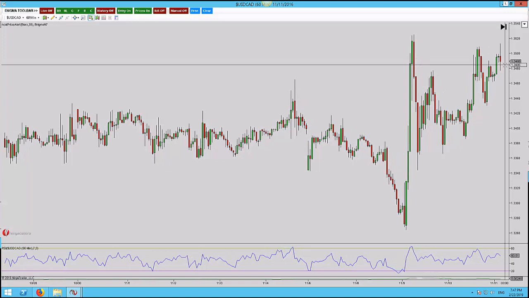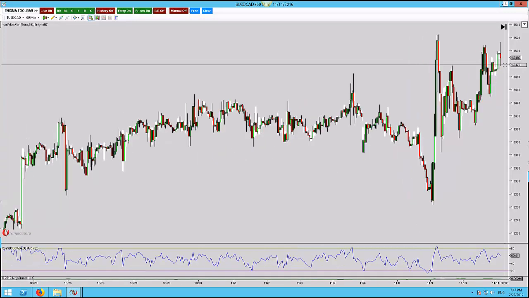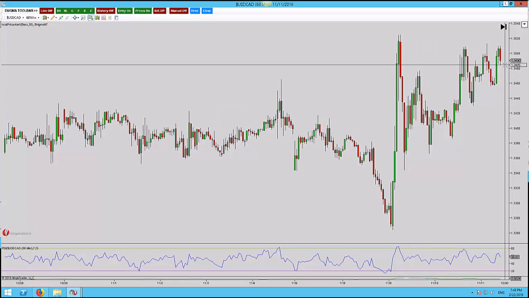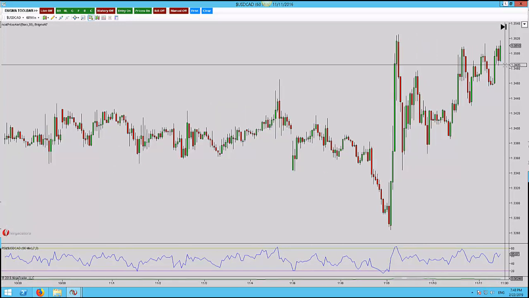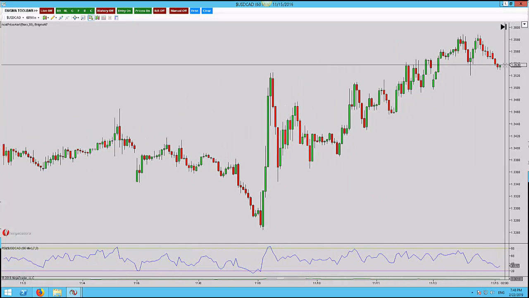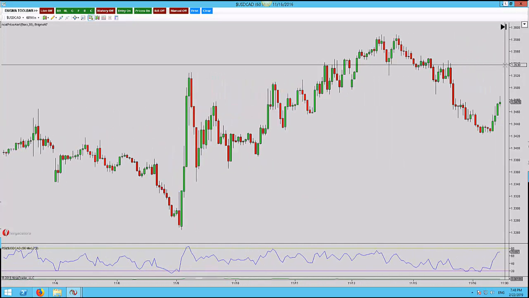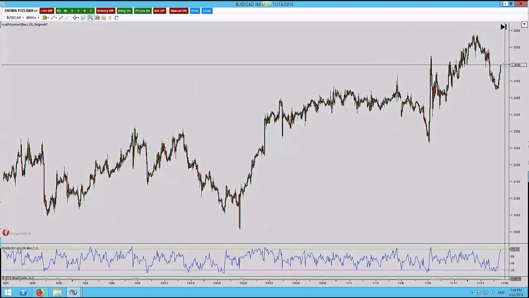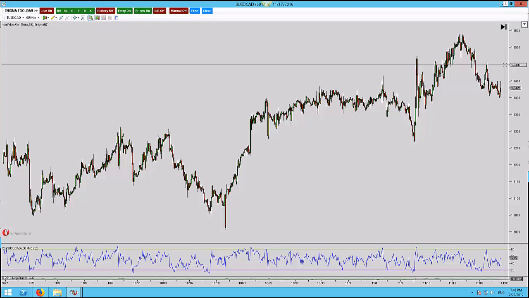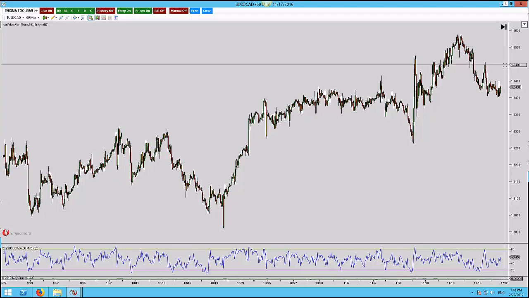Still new highs on the dailies. Okay, lower, lower, lower close candle on the dailies.